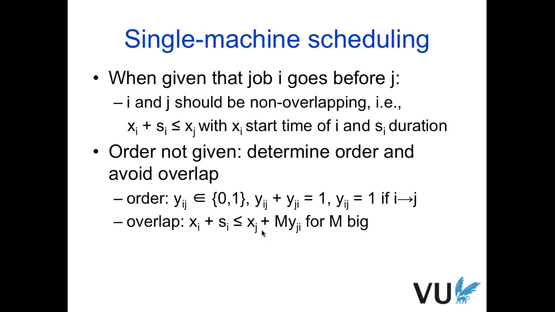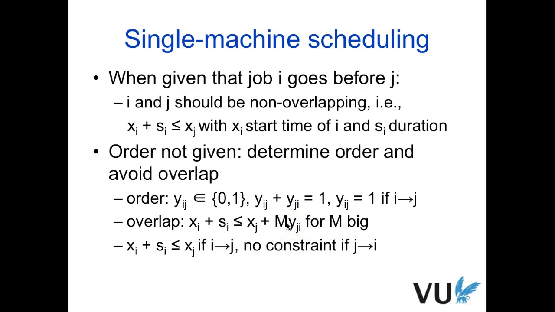And what is in here? There is a big M. And when you model optimization problems, you more often need such a big M. And this big M is really big, for example, bigger than the sum of the release dates and the processing times. Now, if i goes before j, then y_ji is 0. So then you get exactly this equation.